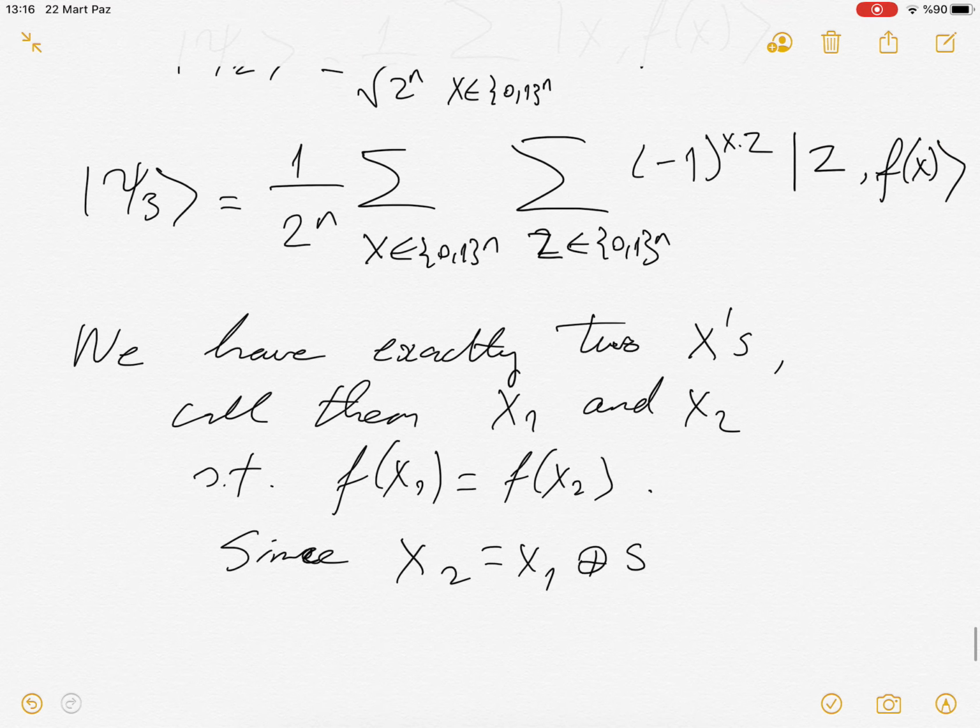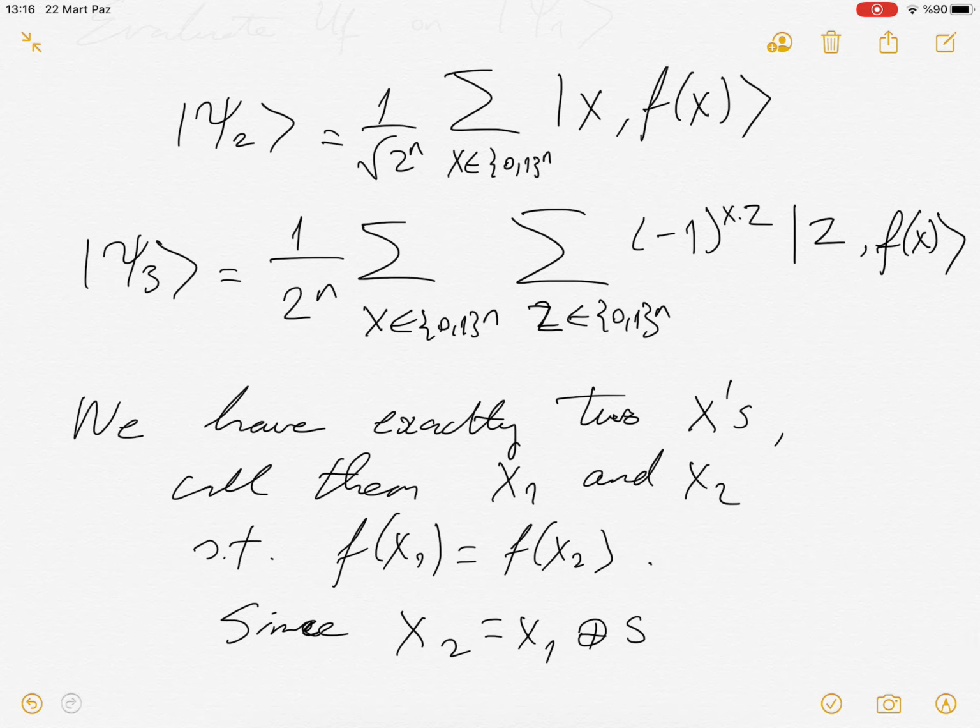Okay, so here I'm looking at psi 3 now. I'm going to separate the factors x1 and x2 apart, and I'm only going to write the amplitudes involving x1 and x2.